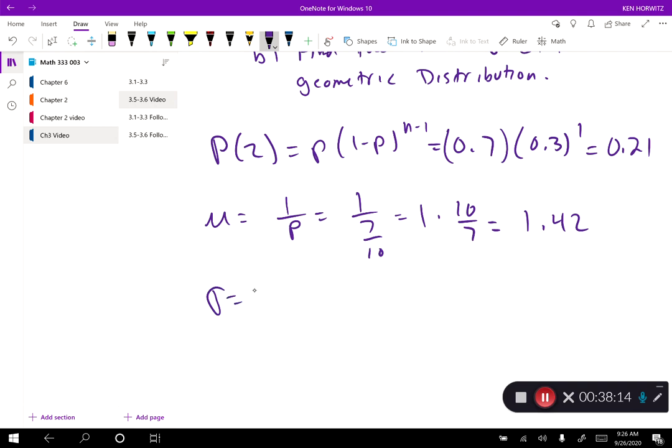For my standard deviation, I got the square root of 1 minus P over P, which equals the square root of 0.3 over 0.7, and I got 0.782. So at the end of the problem, you would write: the probability she will hit on her second shot is 0.21. On average, she'll hit the target anywhere between her first and her second shot.